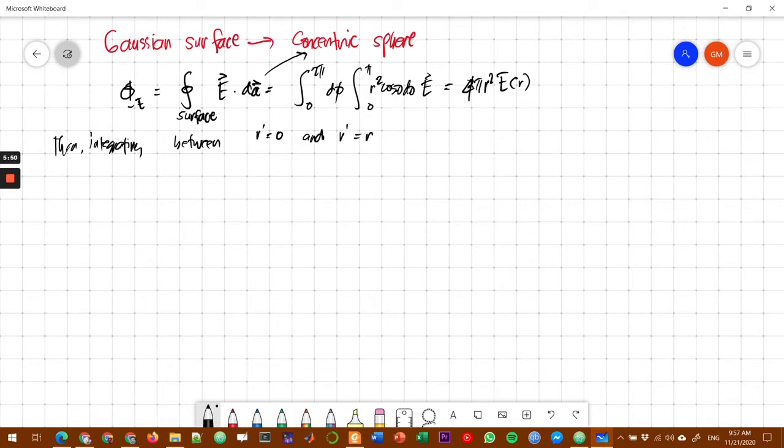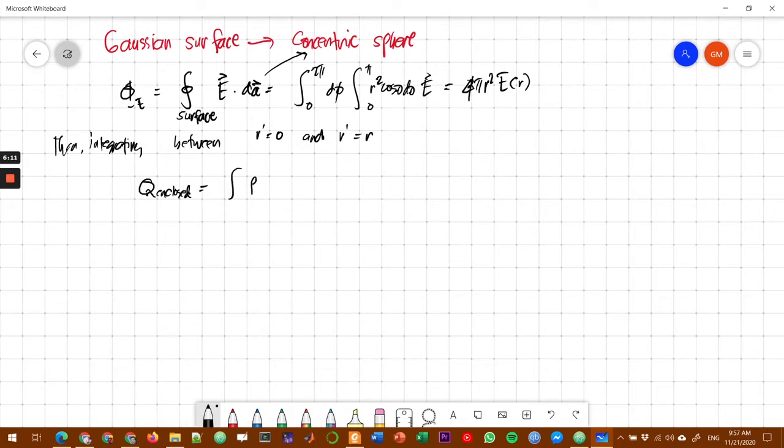So that would be from the origin to some arbitrary distance r. Now we can calculate the Q enclosed.